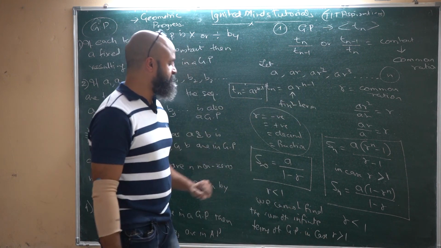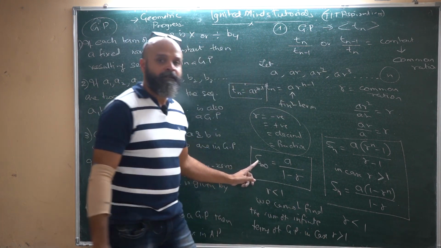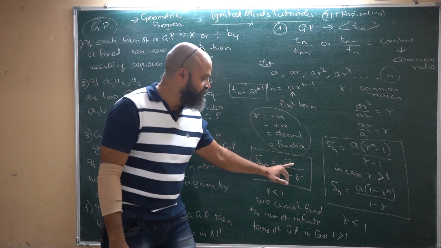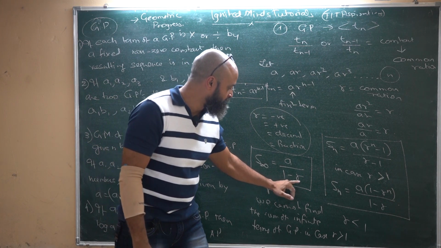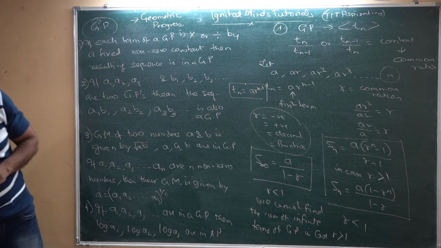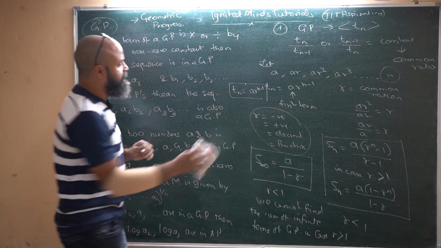We can only find this if the common ratio is less than 1. So the sum of infinite terms of a GP will be A upon (1 - R), where A is the first term and R is the common ratio. So these are certain formulas that we have to just keep in mind while doing problems in a GP.